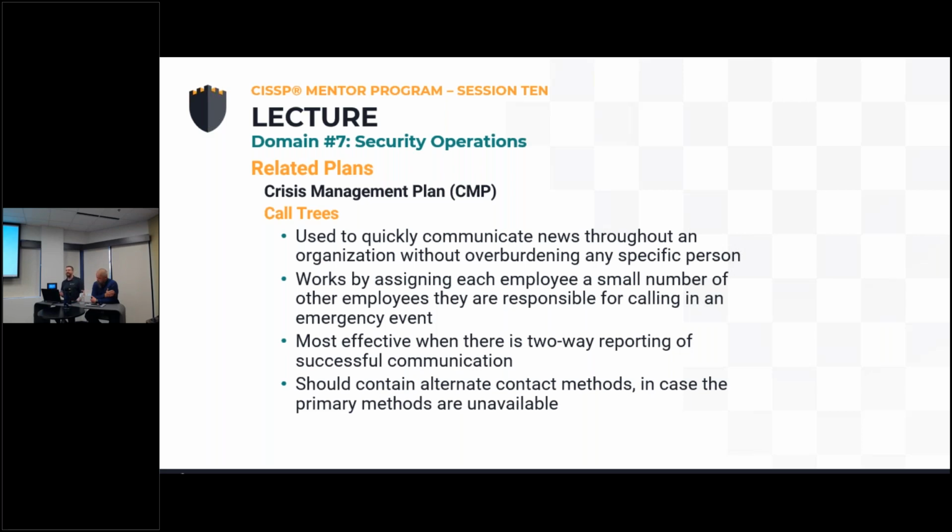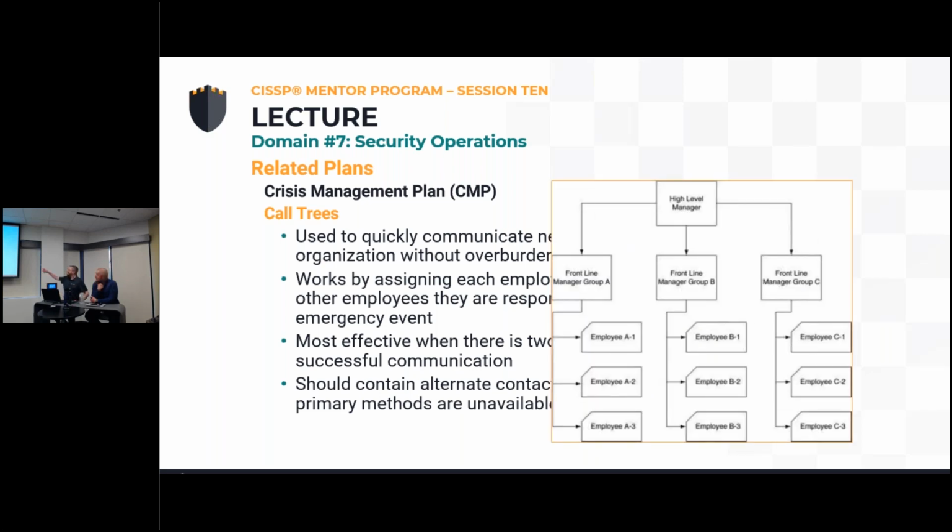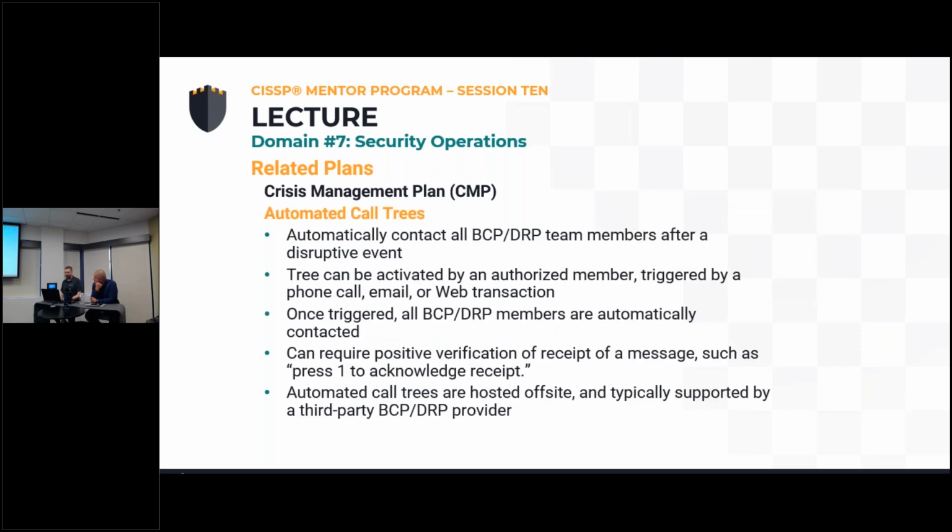If there's an emergency, you're calling the management. Somebody's declaring the emergency, declaring a disaster, what's the communication plan? Who contacts who? How do we verify those people have been contacted? You can have automated call trees, systems or services that'll offer that. It's really cool.